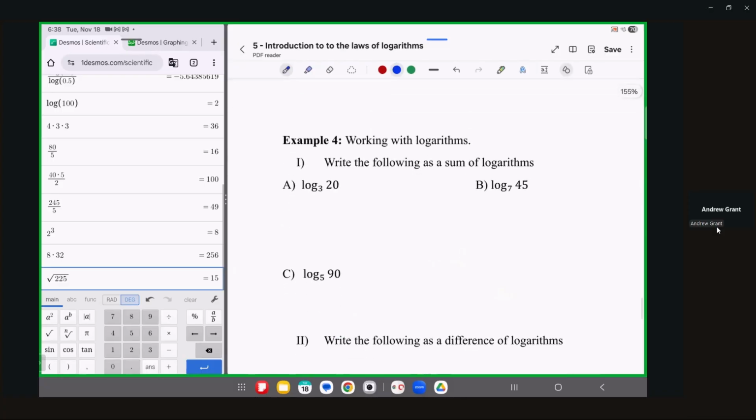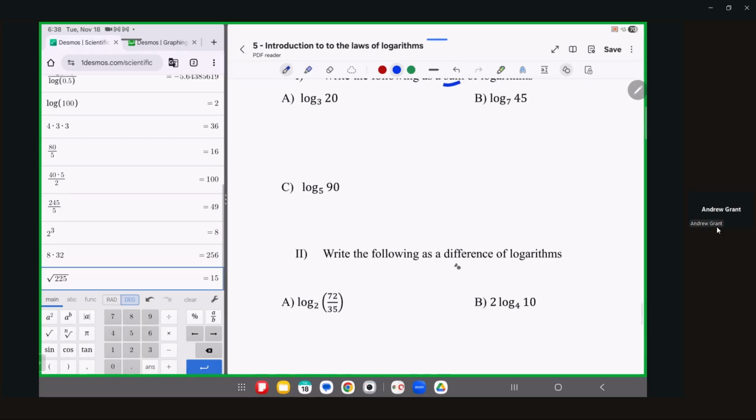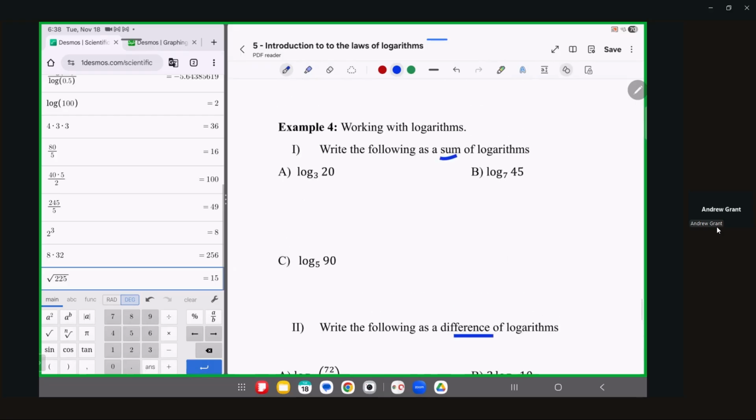Example 4, the textbook has a couple of these questions that they just want you to practice. We don't need to simplify these things. We just merely want to be able to work with logarithms and be able to write them as either a sum or a difference. So for question number Roman numeral I, they want us to write the following as a sum of logarithms.